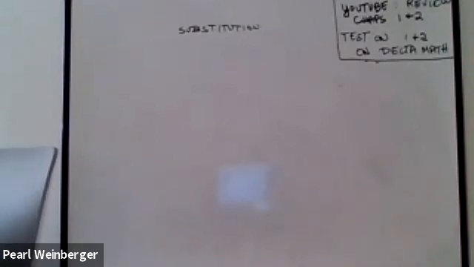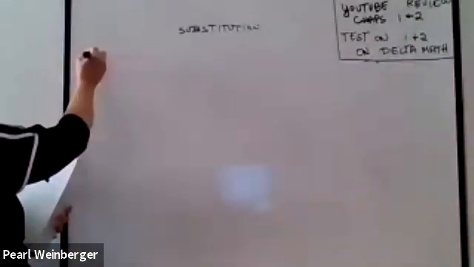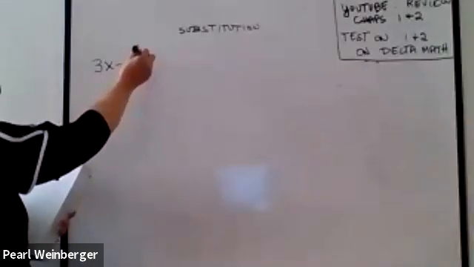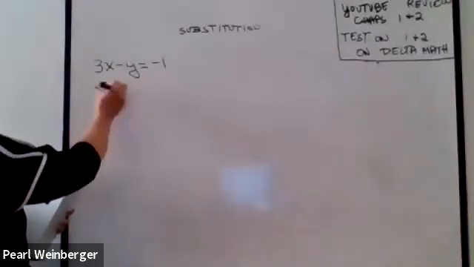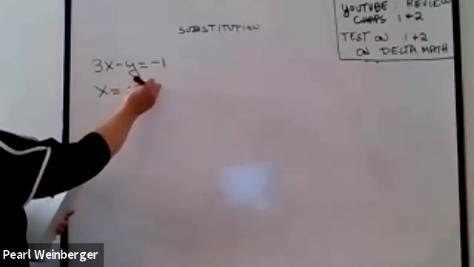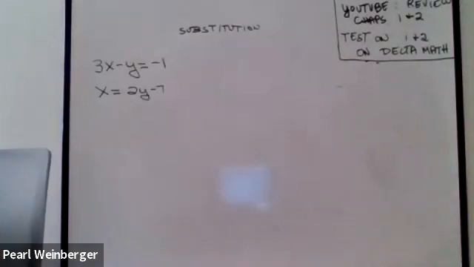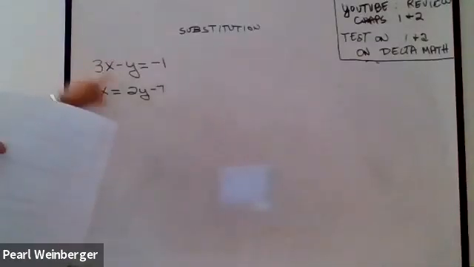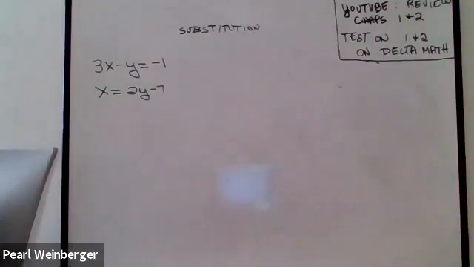So suppose I gave you this system of equations: 3x minus y equals -1, and x equals 2y minus 7. Notice in this equation, it doesn't say y equals, it says x equals. So I'm going to replace the x in this equation with the 2y minus 7. Okay, see if you can do that while I take attendance.